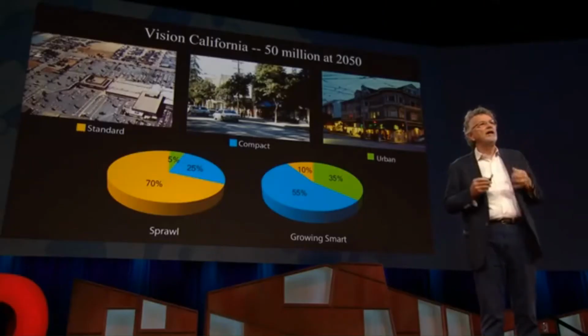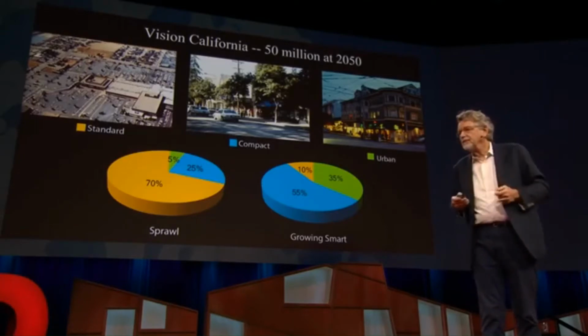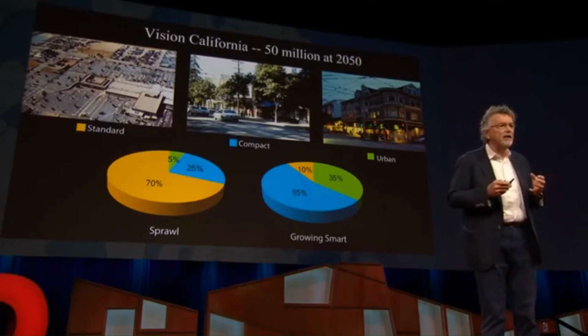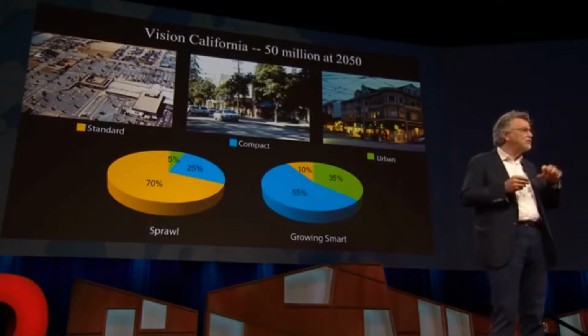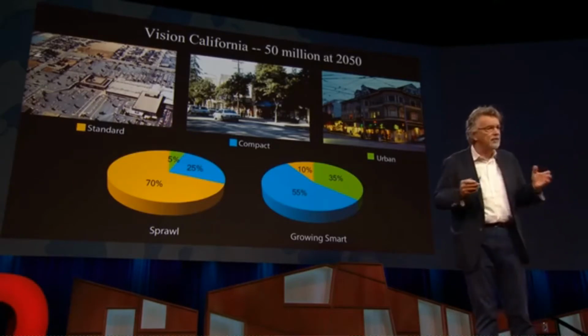One was sprawl. It's just more of the same: shopping malls, subdivisions, office parks. The other one was dominated by not everybody moving to the city, but just compact development, what we used to think of as streetcar suburbs, walkable neighborhoods, low rise, but integrated, mixed-use environments.